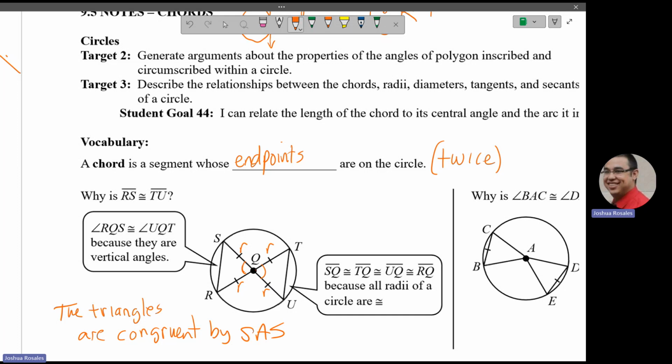Well, now that we know the triangles are the same, they're asking is the chord RS going to be the same as the chord TU? Well, yeah, if you folded those triangles on top of each other, those two pieces have to fit because they are congruent. So we would say yes by CPCTC. If you remember that from first semester, corresponding parts of congruent triangles are congruent.